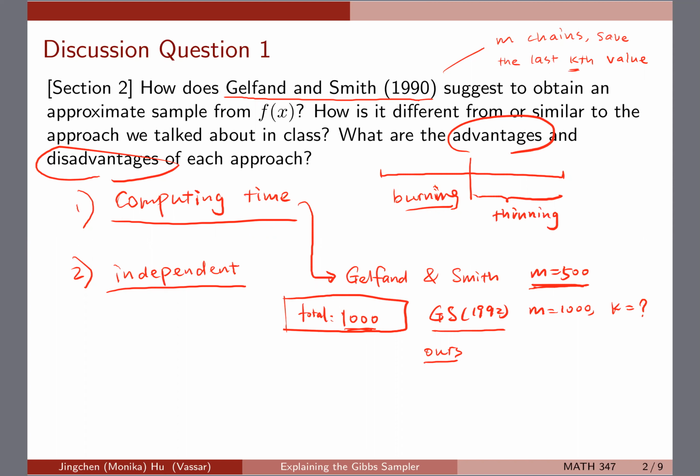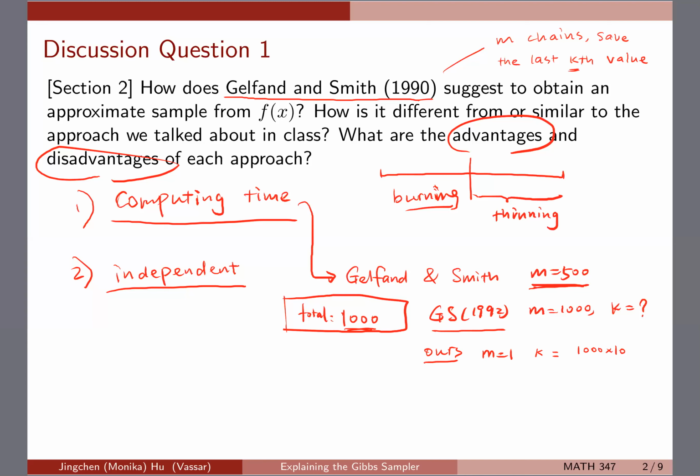Yeah, so if we use the same notation m, our m is always 1, right? We run it super long. But our k depends on how big the autocorrelation will be. Let's say it's 10, and I want to do a 50% burn-in. So I will need 1,000 times 10.